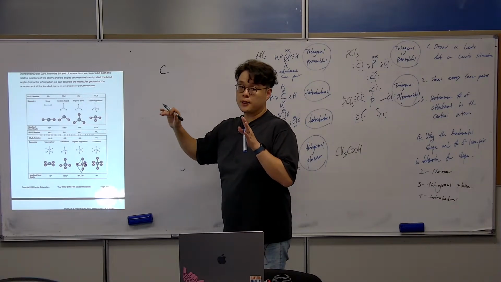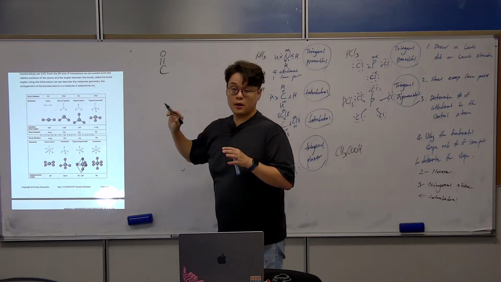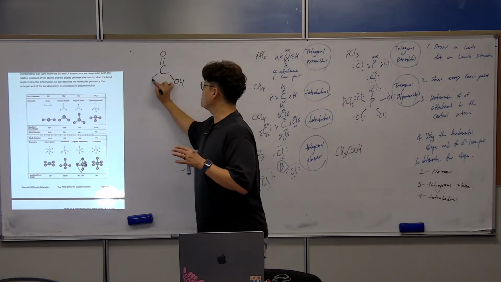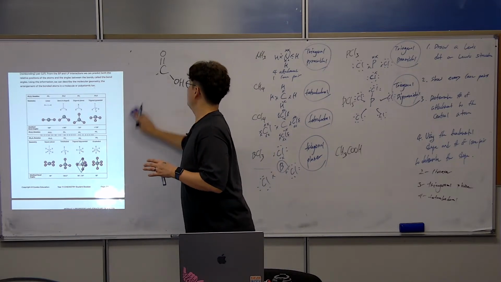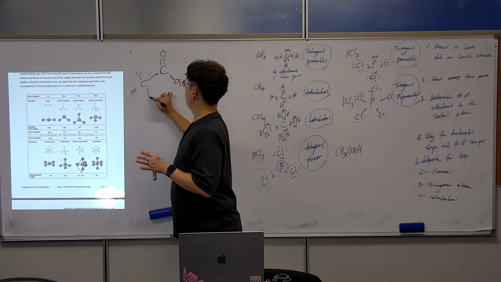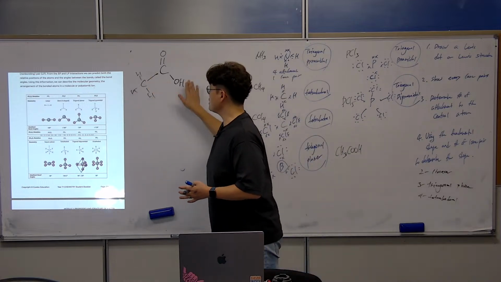COOH is known to be a carboxyl group, so we have a double bonded oxygen with the OH attached like this, and we have CH3. CH3 would be carbon with the 3 hydrogens like that. So this is a CH3, and there's a COOH.